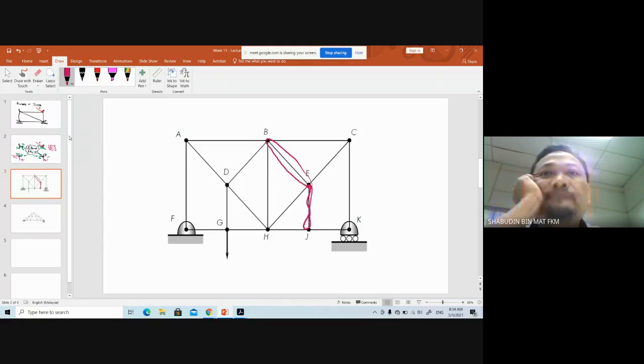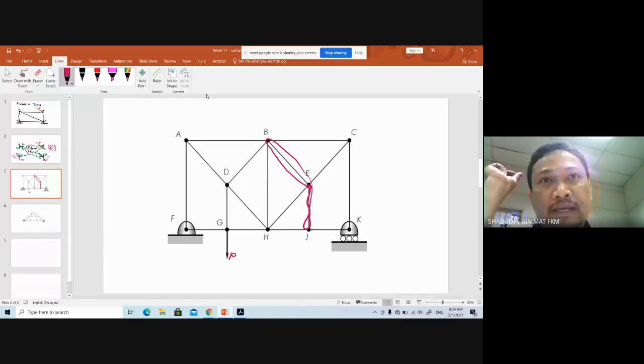Which one is zero? Tell me. That one is not zero because you have three forces there. So it is interesting to see point G. If you don't have this force P, GD is equal to zero.